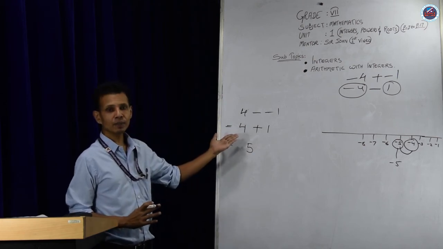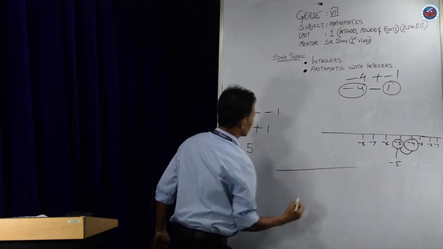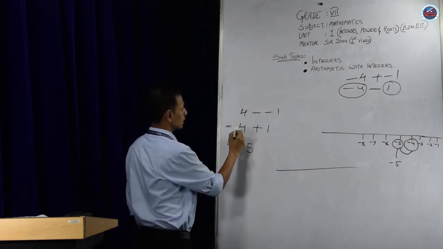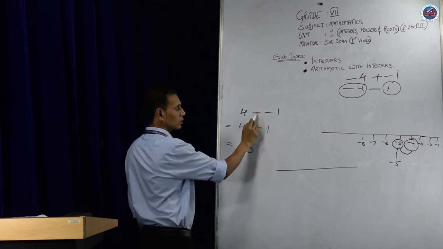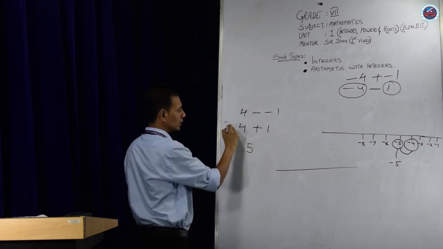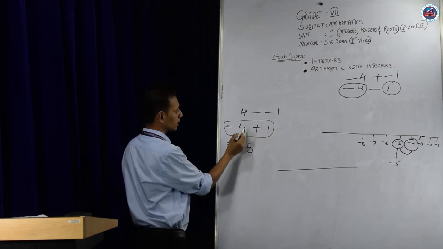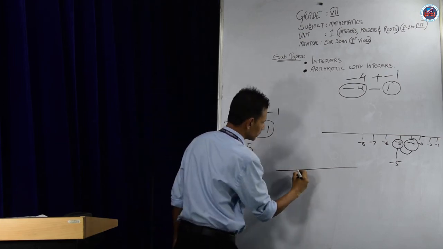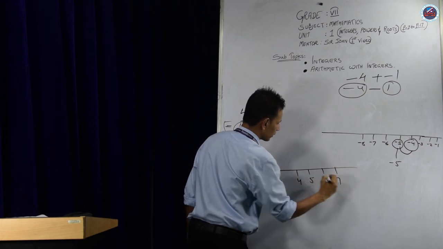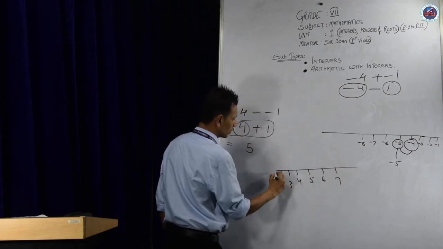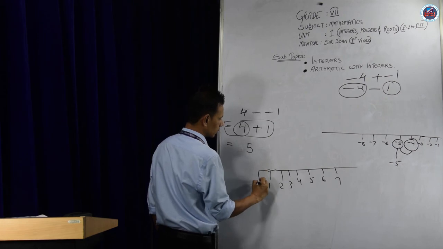Want to check by using the number line? You just go very quickly on the number line and check from here. After the two signs facing together are worked out, from here we use the number line. What is this? 4. Just take 4, 5, 6, 7, 3, 2, 1, 0.